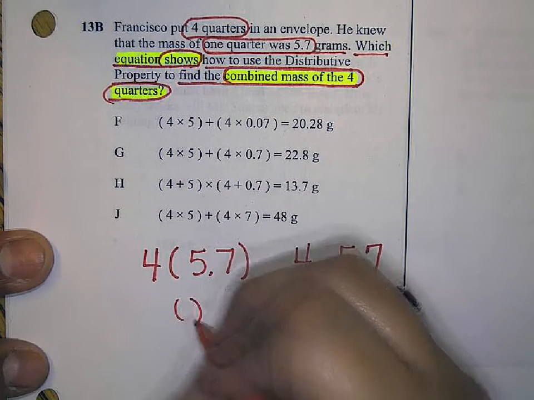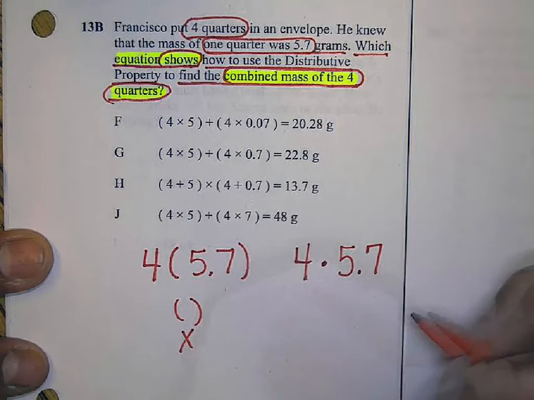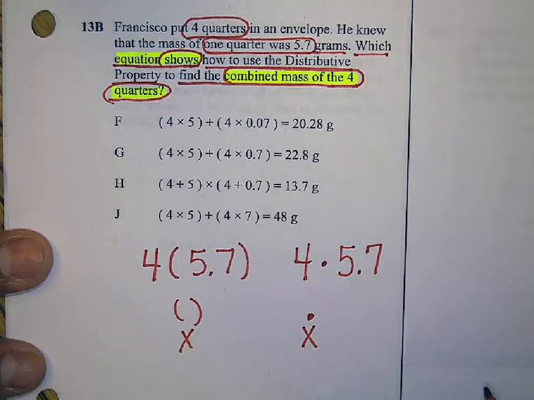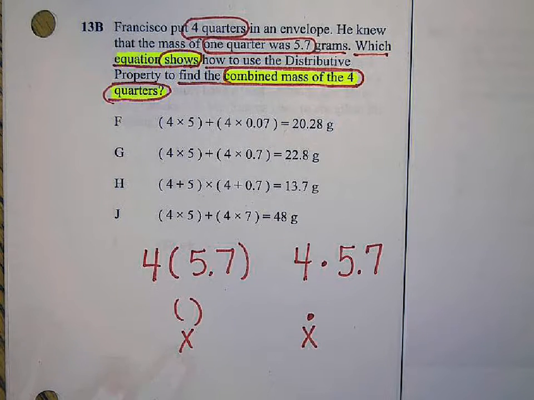Because the parentheses mean multiplication. The dot means multiplication. Everybody see that? Yes. Everybody remember that from learning it towards the beginning of the year? Yes? I know the new one might have been the parentheses that maybe threw some of you off.